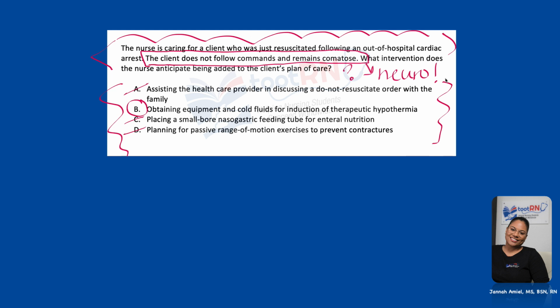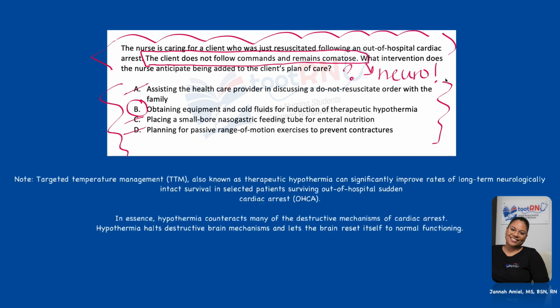Even if you didn't know that therapeutic hypothermia is part of a protocol often used following resuscitation, by eliminating options that don't make sense, that don't align with the problem, we can get B.